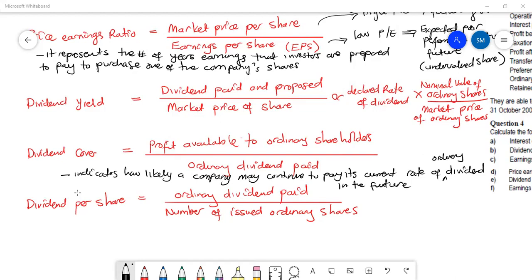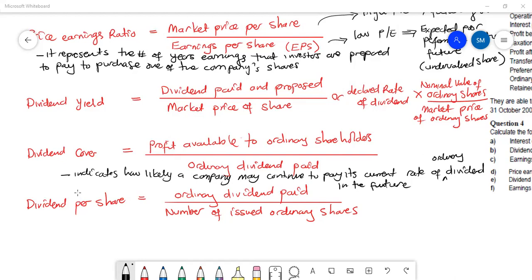So a high figure is good because it suggests that the company is able to maintain its dividend to ordinary shareholders at the current level, or even if profits fall. So if profits fall, there's not much worry, because already the dividend cover is high, and it tells us that the company is able to pay us dividends.